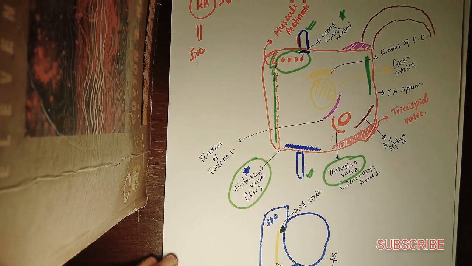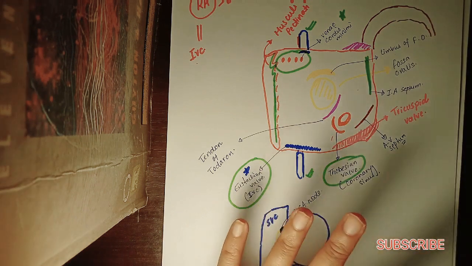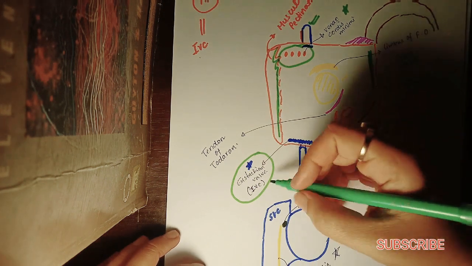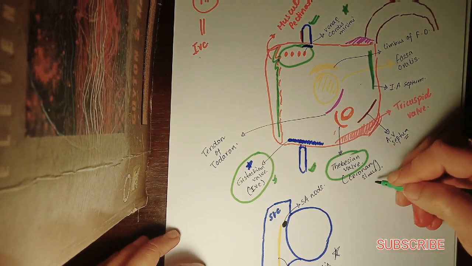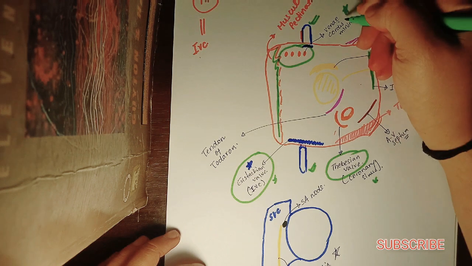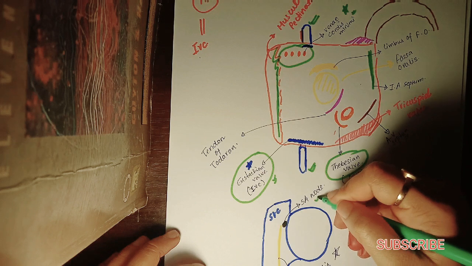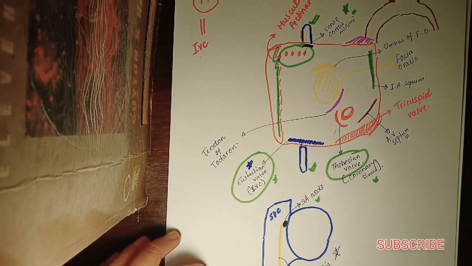If you don't know anything else about the right atrium, just remember that the Eustachian valve is for the IVC, the Thebesian valve is for the coronary sinus, venae cordis minimae are found here, and where the SA node is located. It is the most commonly asked question.